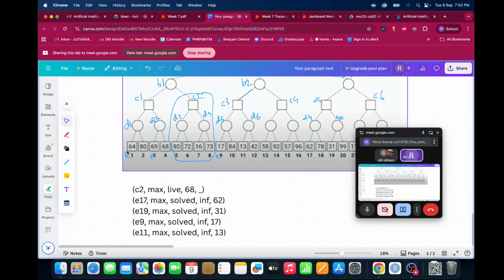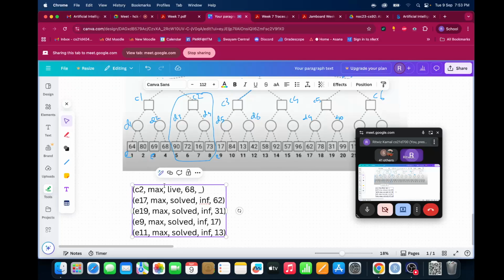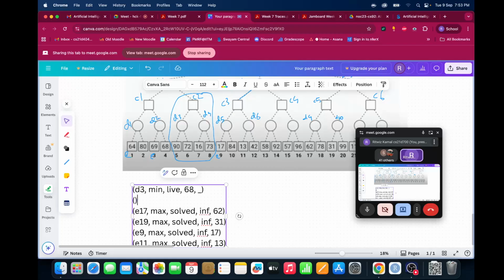C2 will be popped and D3, D4 will be added. D3, which is a min node, live, bound is 68, currently unsolved, and D4, which is a min node, live again, bound 68, also unsolved.